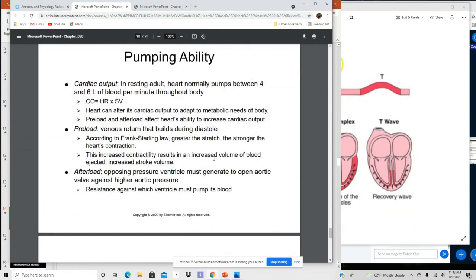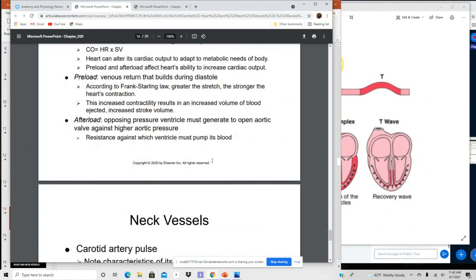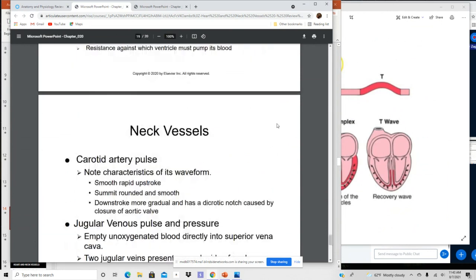Afterload can be increased in conditions like hypertension, because there's increased resistance in the vasculature, and the heart has to pump harder against that resistance to get blood out.